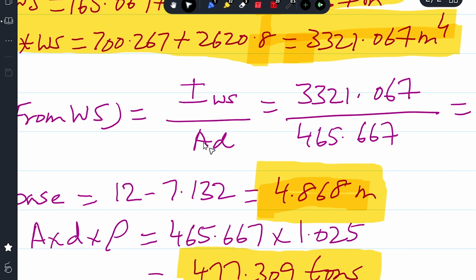Now total immersed area into distance of the centroid from water surface is nothing but the first moment of the area.